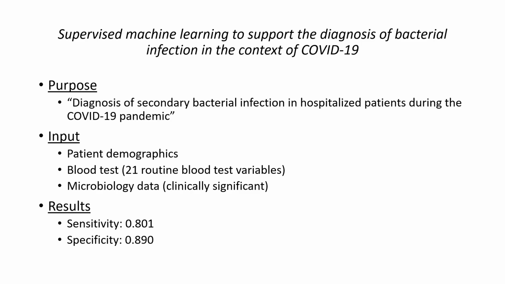Now again, all of this is embedded in a numerical form such that the model can understand it, and this model was used to support the diagnosis of secondary bacterial infections when somebody had a primary COVID-19 infection. And it ended up showing a sensitivity of about 80% and a specificity of about 90%.